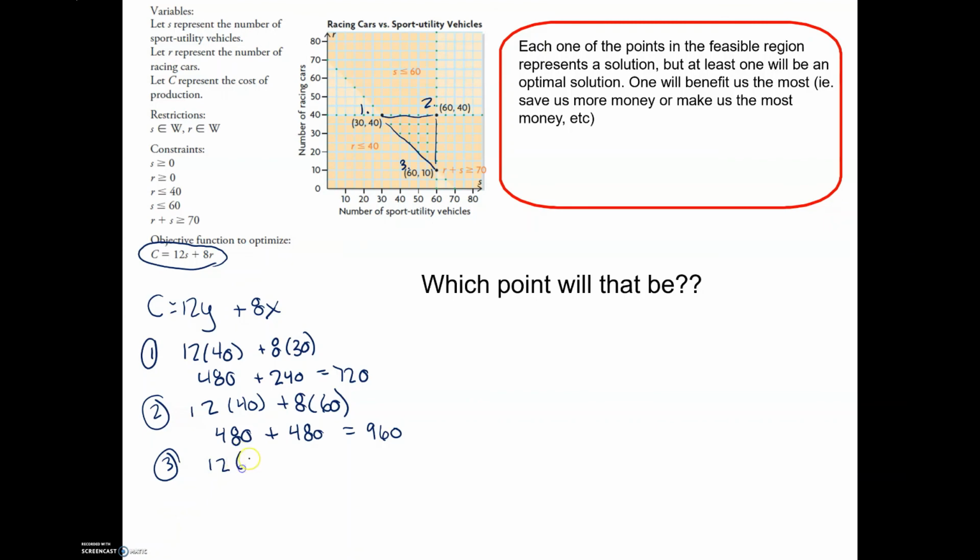So in place of y, I'm going to put 10. And in place of x, I'm going to put 60. So, as a company, I want my cost to be the lowest possible. That would happen at this point here.